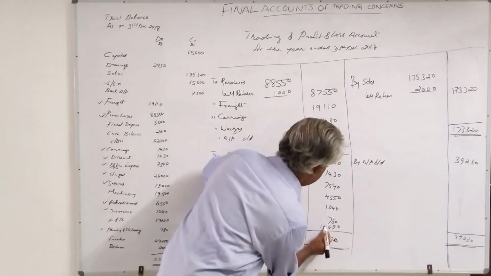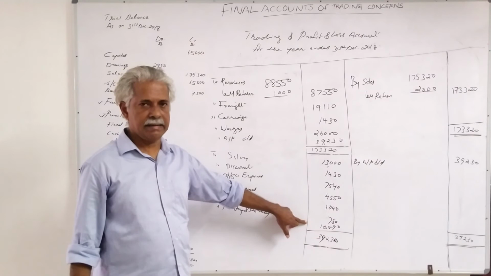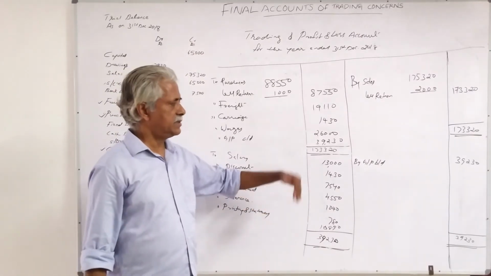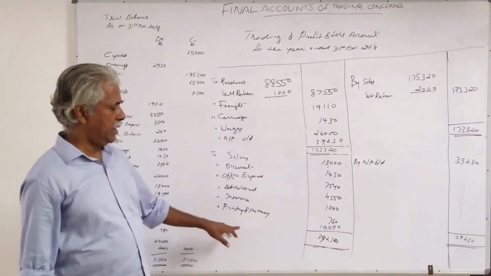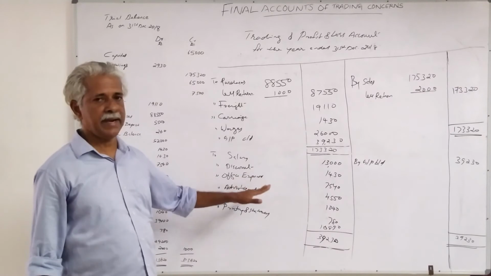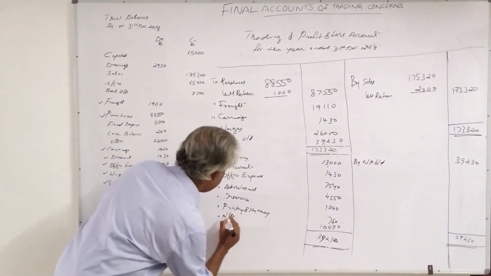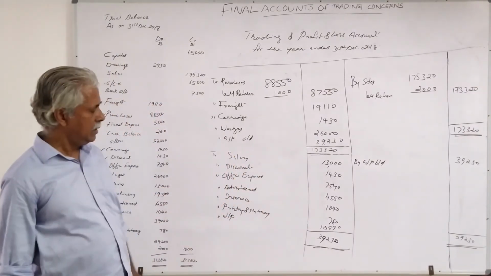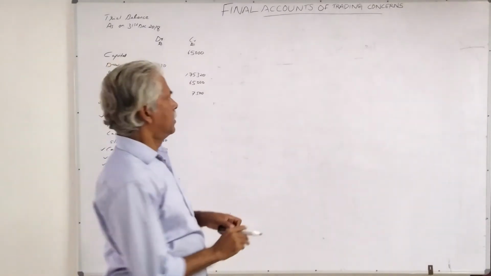The difference in the profit and loss account comes to rupees 10,890. Since the credit side is greater, the difference is called a net profit, and this net profit belongs to the trader. Therefore, it should be added to the capital account. To net profit transferred to the capital account, that is rupees 10,890.